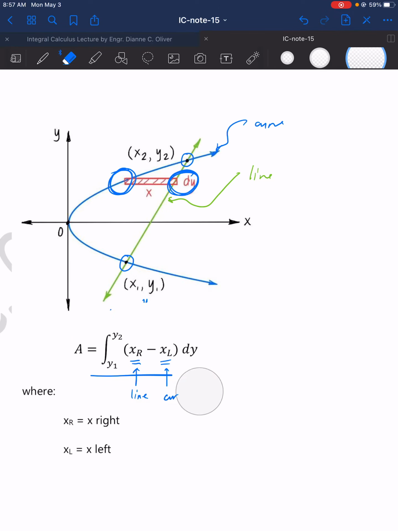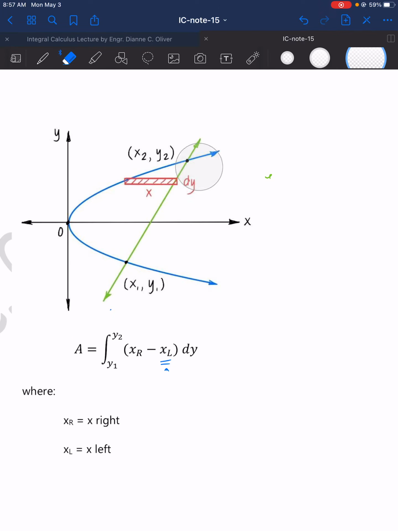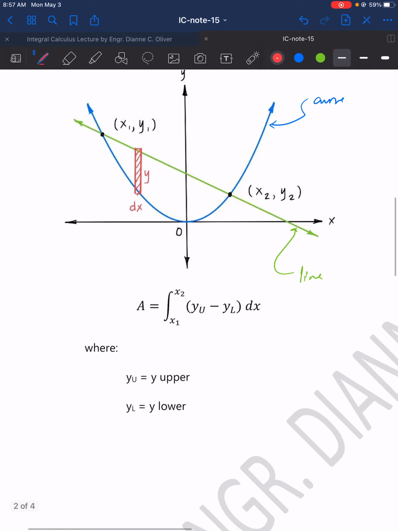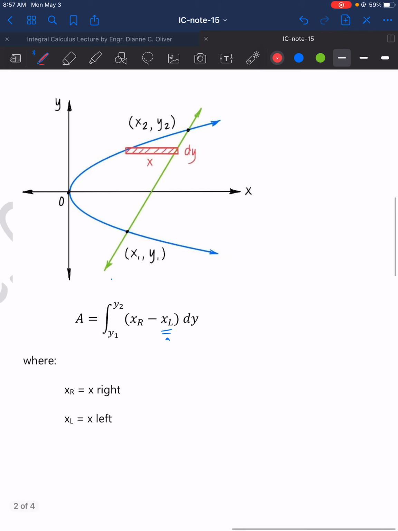Are we using the vertical area strip here? If we are using the vertical area strip, the same happens with this case here. If we are putting here the vertical area strip of y dx, area is equal to integral of y dx, then x1 to x2.